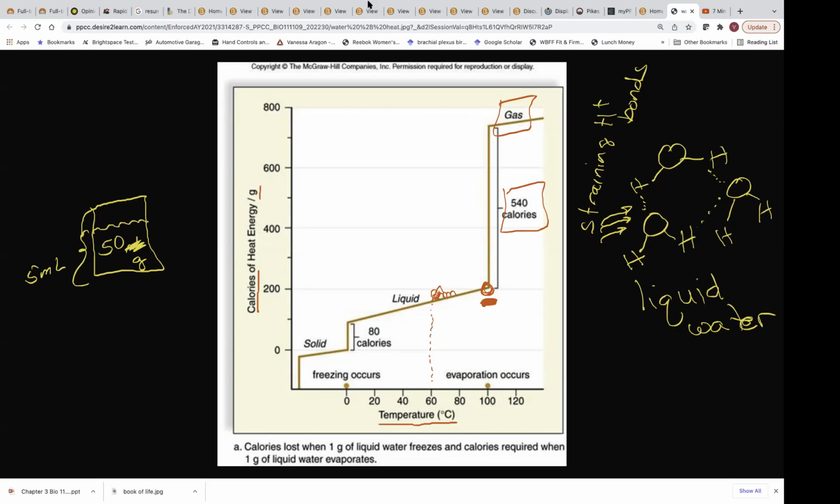And when that happens, these hydrogen bonds are going to break. No longer straining. And now that is gas. That is water vapor.